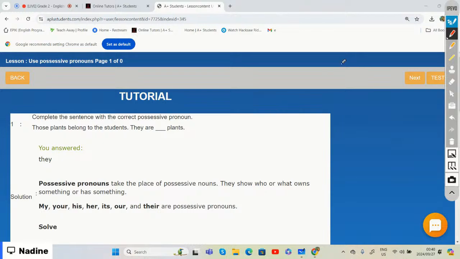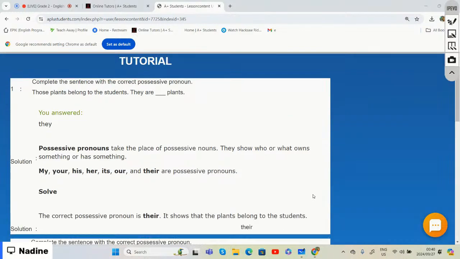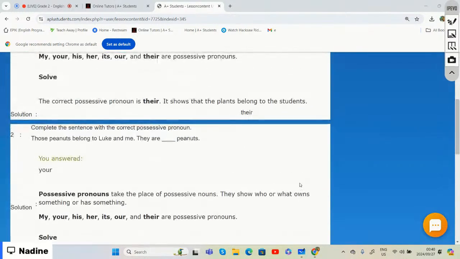All right, let's look at another one and then we're going to our test. It says, those peanuts belong to Luke and me. And then what can we say? What is our possessive pronoun?